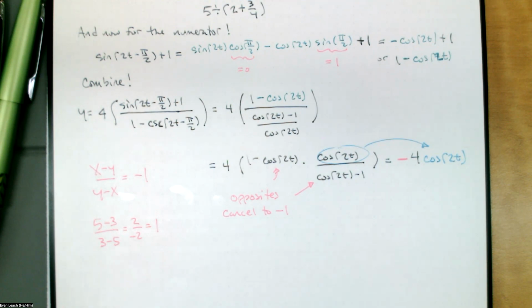So one of the reasons I didn't want to multiply the cosine of 2t by the 1 minus cosine of 2t is I knew I was dividing fractions. Whenever you're multiplying and dividing, these things factor because you need to expect some stuff to cancel out. When you're multiplying and dividing, leave things factored.